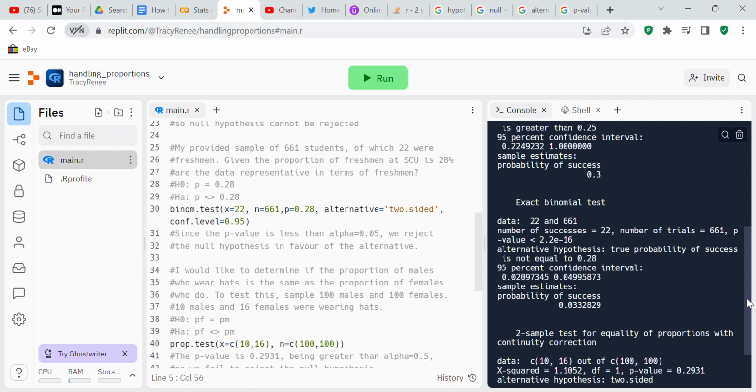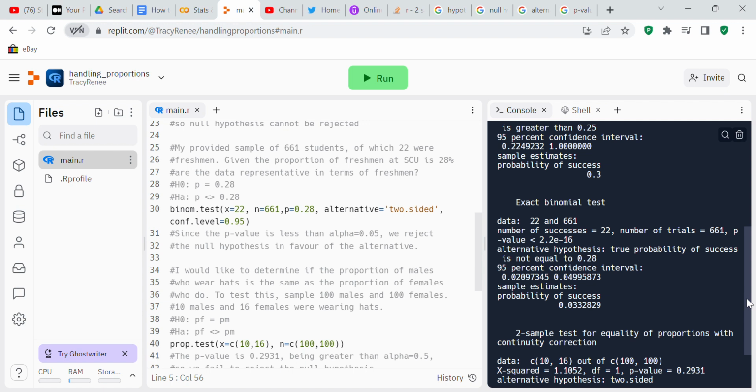So I added some bits to this code. The code is binom.test(x = 22, n = 661, p = 0.28, alternative = "two.sided", conf.level = 0.95). And we got a p-value of less than 2.2e-16. And that's where I got confused, because the answer that I got on Python was not that.